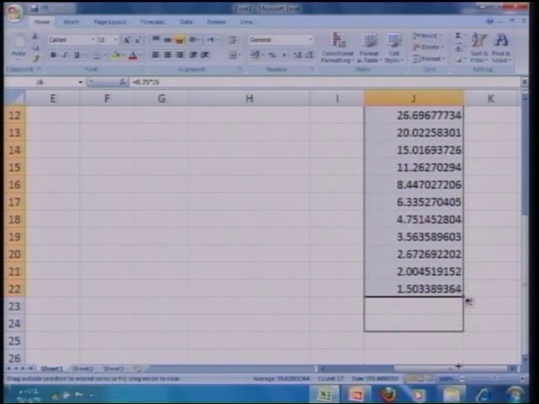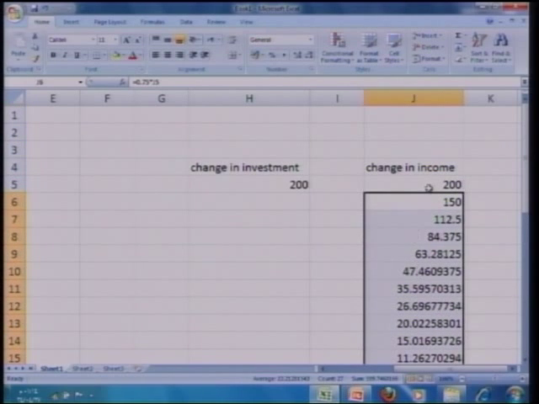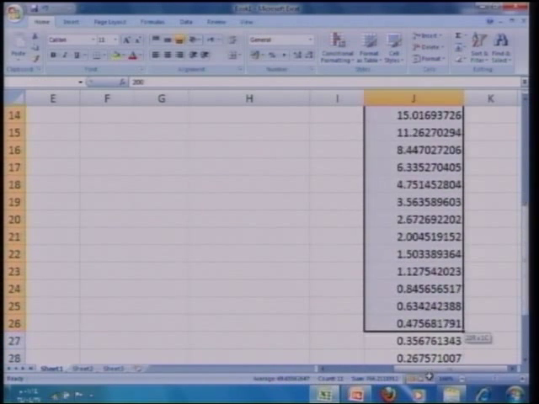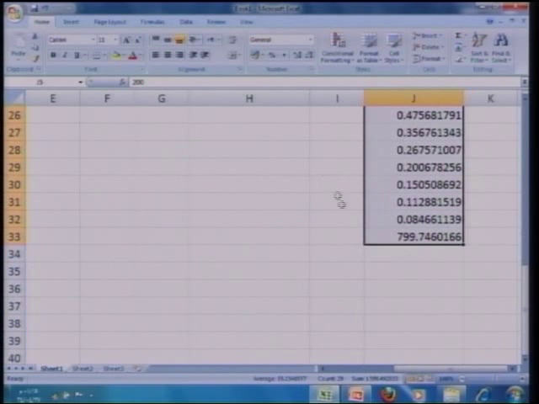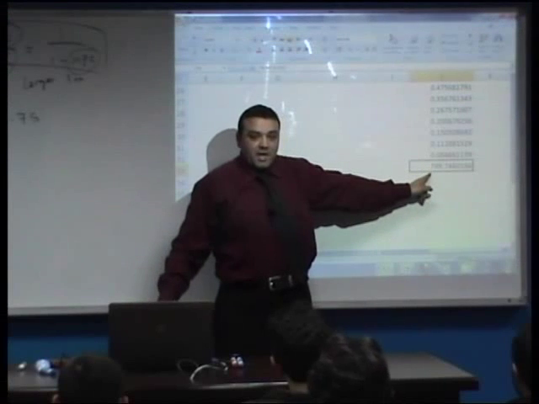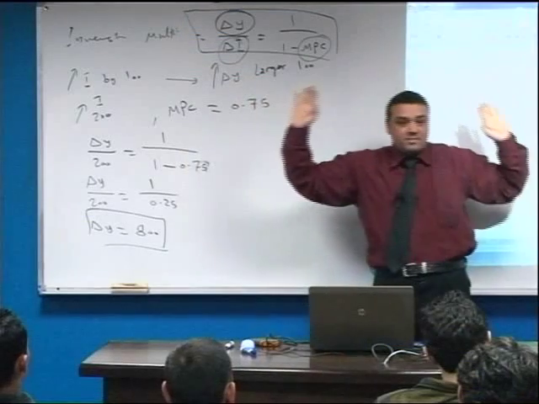Finally, we will reach 0. So let's calculate the summation of the change in aggregate income. As you see, let's do the summation. How much is the change? 799.7, or $800 million, right?